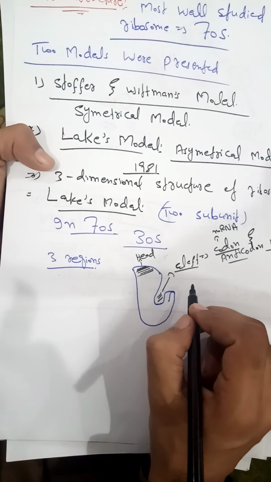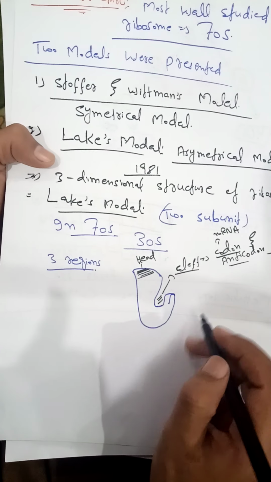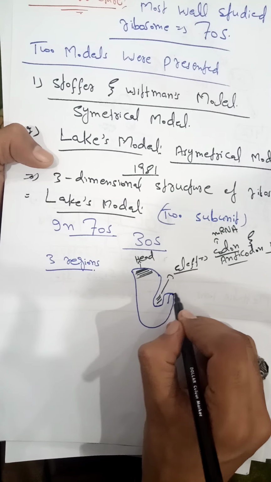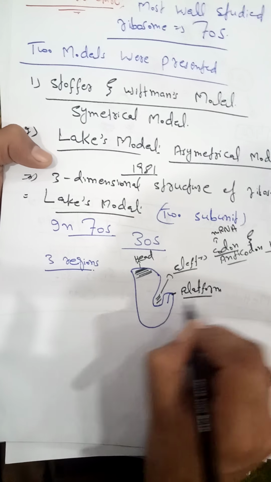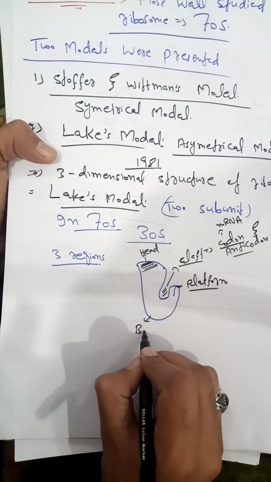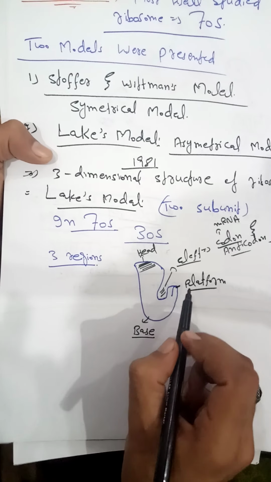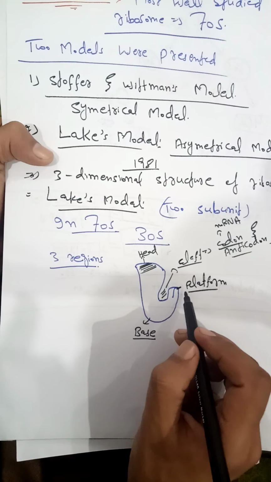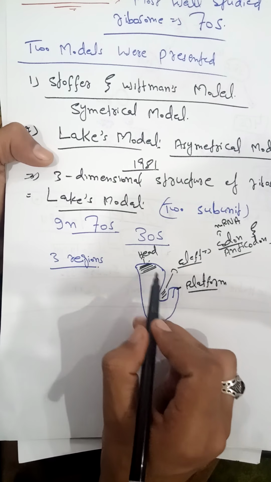This one is the platform, and this one is the base. The cleft is intermediate between the platform and the head.